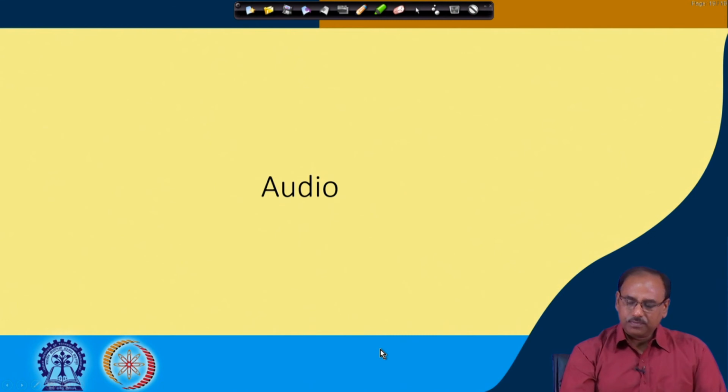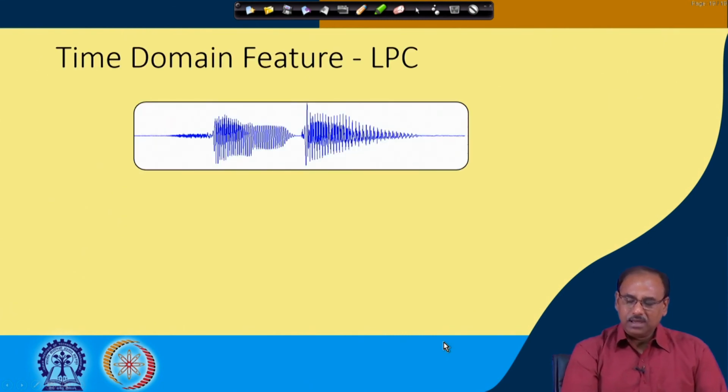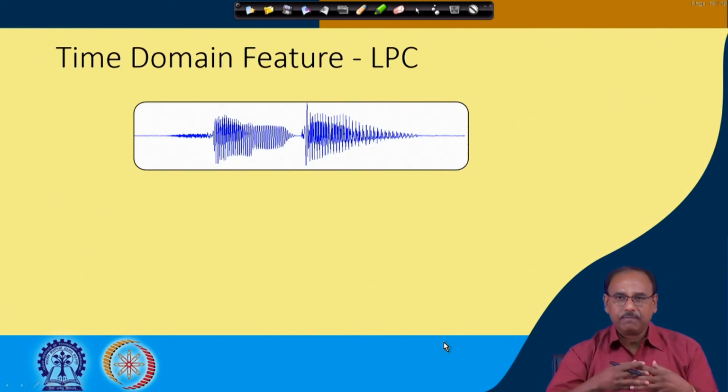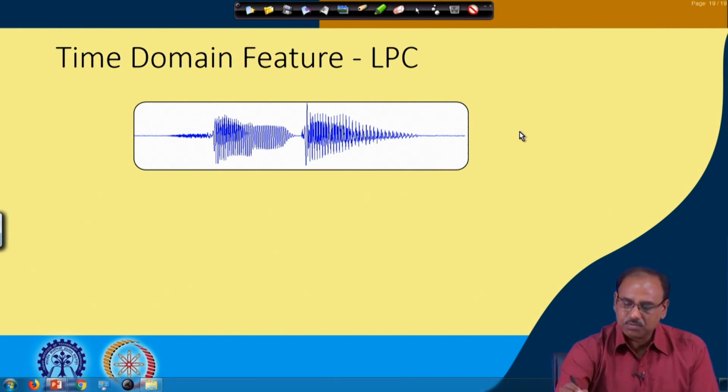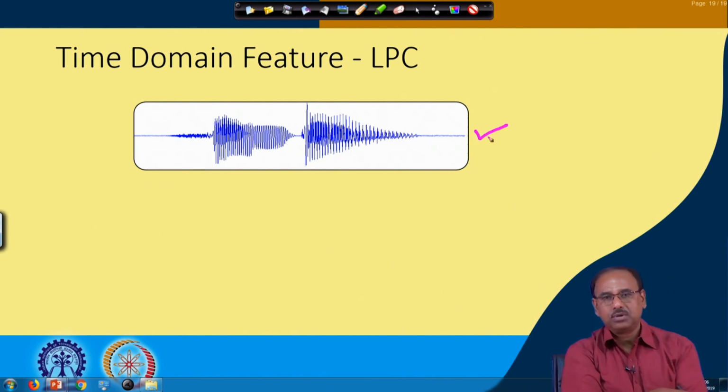In case of an audio signal, whatever I am speaking, the audio signal is generated by capturing this information by a microphone, and if you check with a CRO the output of the microphone, that is nothing but a signal of this form, something like this.